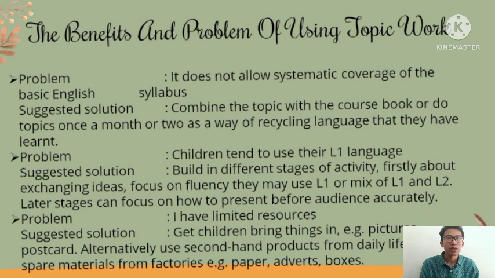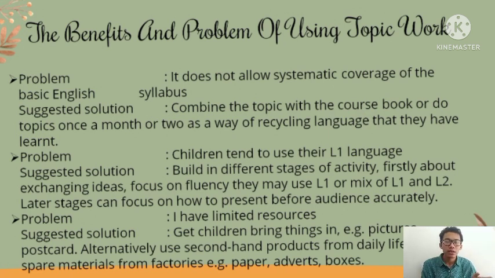Another problem: children tend to use their language one, or their first language. A suggested solution: build in different stages of activity. Firstly, about exchanging ideas, focus on fluency, focus on how they enjoy what they do. They may use their first language or a mix of their first language and second.